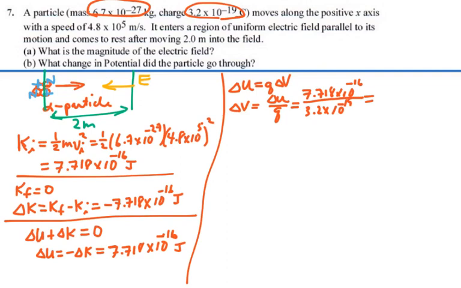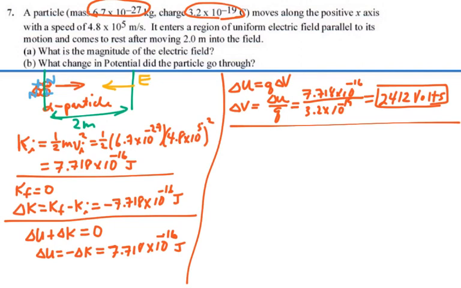And this is equal to a positive 2,412 volts. Makes sense. This particle is going up in potential because it's a positive charge and it's gaining potential energy, losing kinetic energy. It's going up in potential. Sounds good.